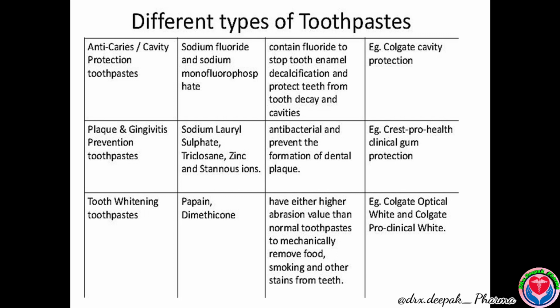They are basically antibacterial and prevent the formation of dental plaque. Now there are tooth whitening toothpastes, which have a higher abrasion value than normal toothpaste to mechanically remove food, smoking or other stains from the teeth. Examples: Colgate Optic White and Colgate Pro Clinical White.